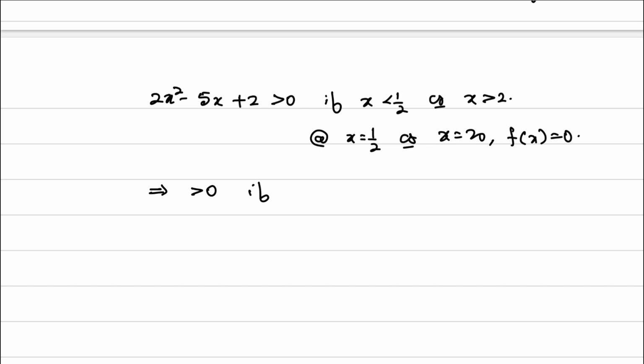That means 2x square minus 5x plus 2, if you replace x by a by b, this equation has come from where? It has come from the inequality.